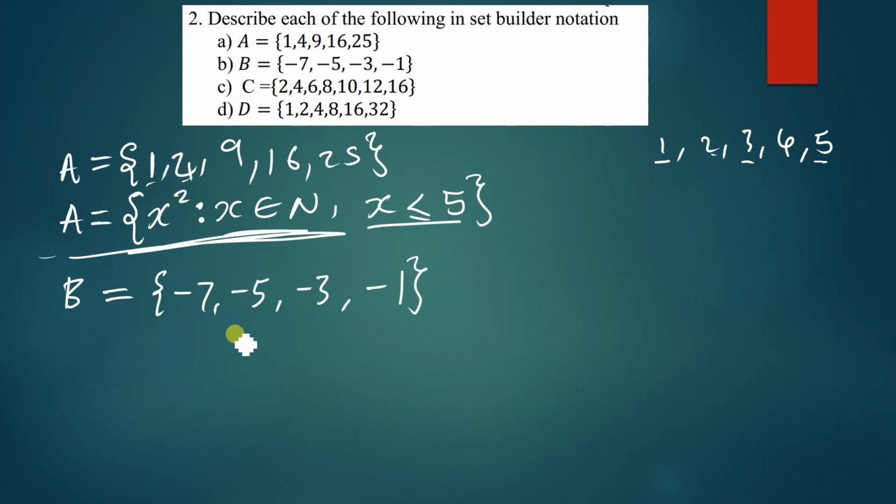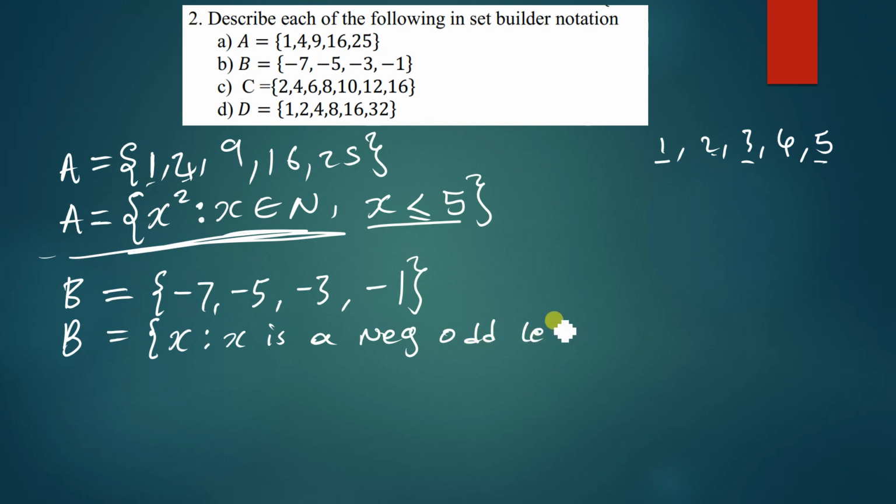If you want, you can write this in word form. You say x is such that x is a negative odd number greater than -9. Let me not use less than, let me say greater than.